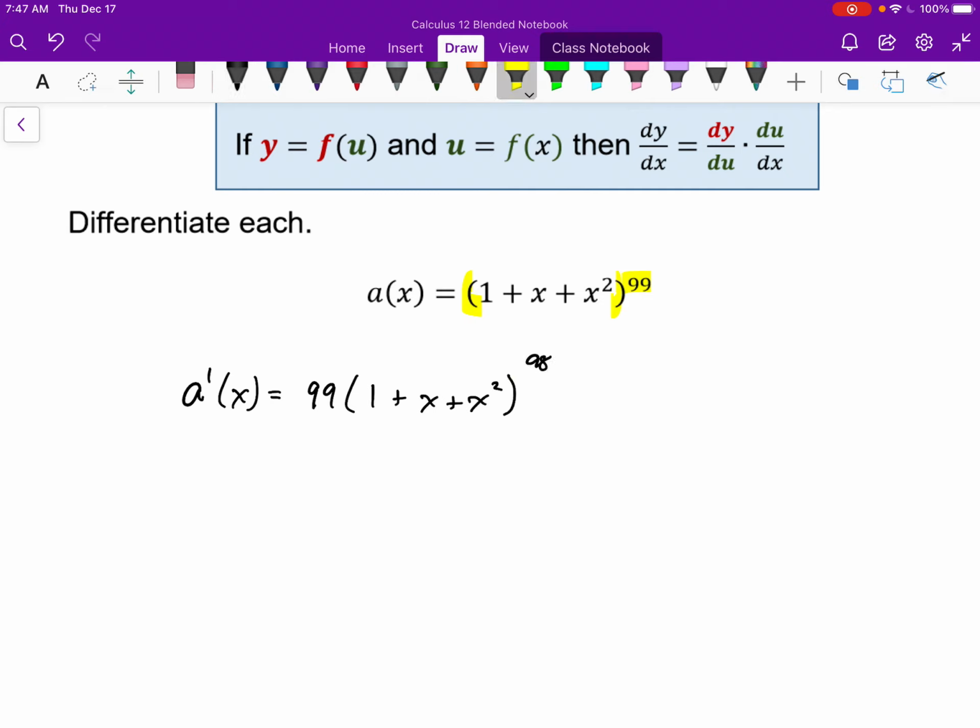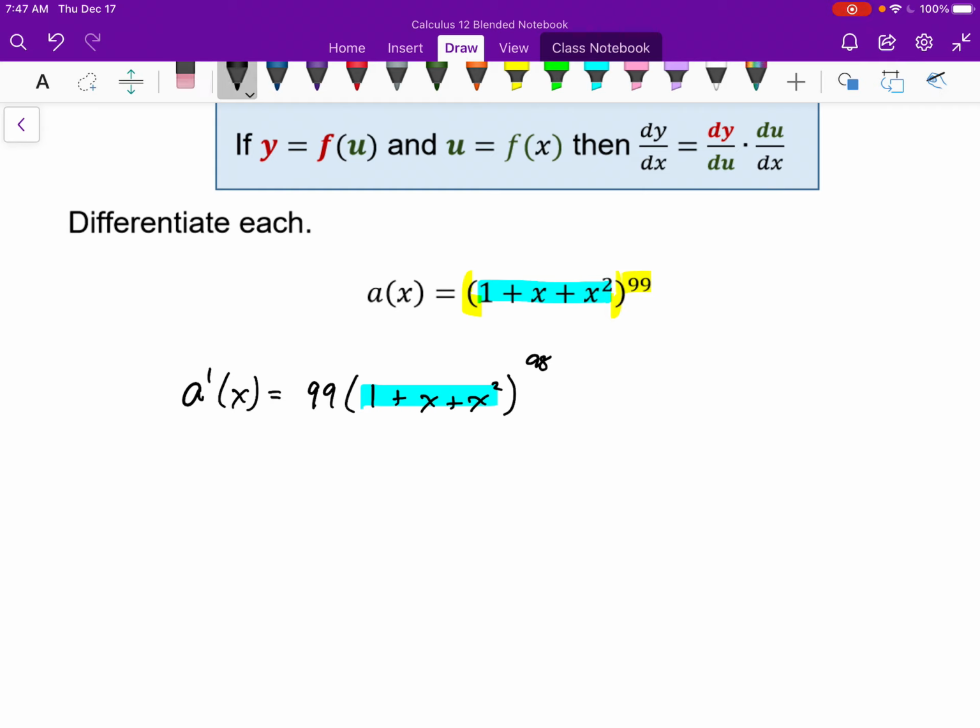What you see here is the derivative of a of x. This is the derivative of 1 plus x squared, all to the power of 99, but with respect to 1 plus x squared, the inside function. All right, so in the end I want the derivative with respect to x. So what I need to do now is multiply by the derivative of the inside function with respect to x. Actually, I'll do it in 2 steps.